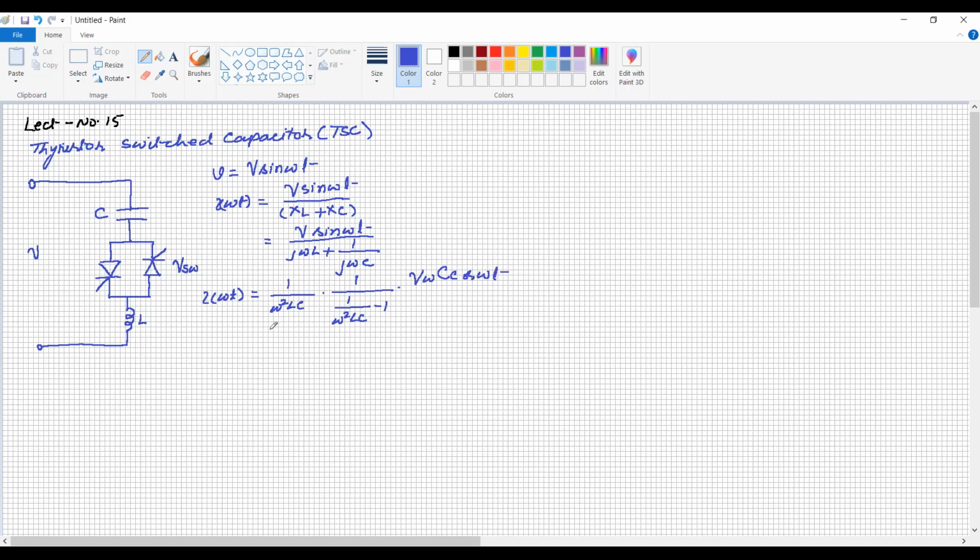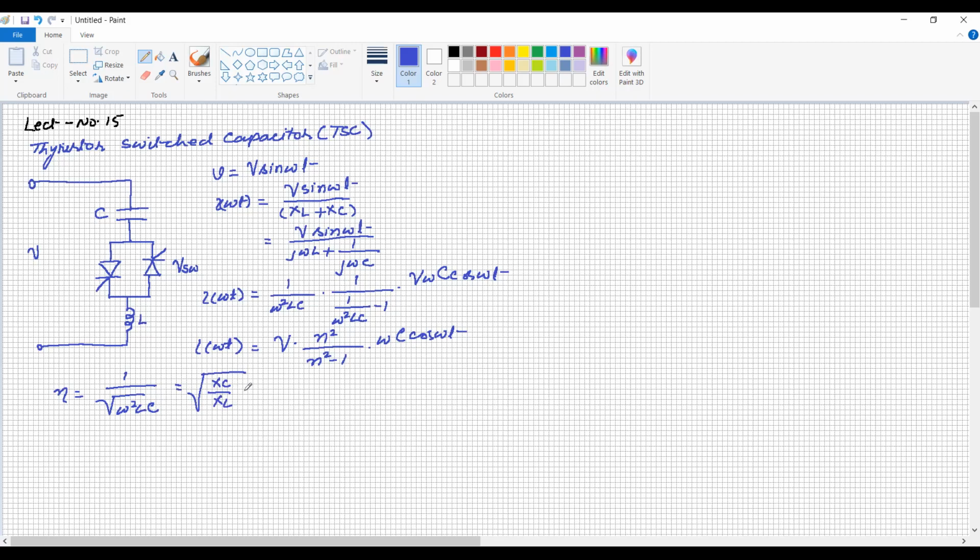Okay. Now, it can be written as I(omega t) is equal to V into n square upon n square minus 1 into omega C cos of omega t, where n is equal to 1 upon under root omega square LC, or it may be the under root Xc upon Xl.